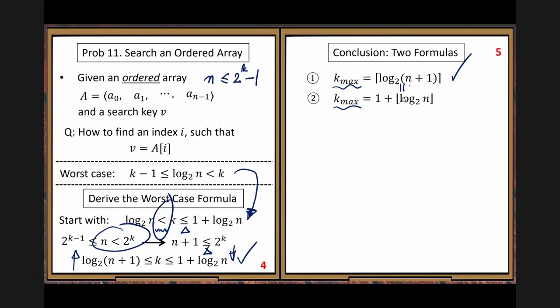Not approximate. Everybody knows the approximate number of comparisons, right? But with the floor function or ceiling function, the accurate expression, one of these two formulas, not many people know it.